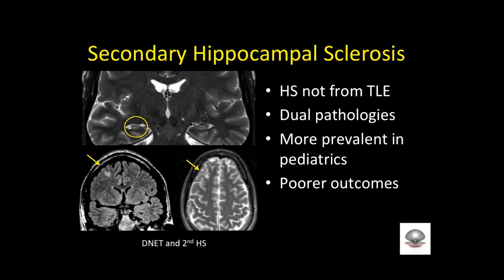But do another check in that same hemisphere for the primary lesion causing seizures, and then secondary hippocampal sclerosis. It's burning the hippocampus out with its constant seizures. Okay, so I've seen that a few times where there's a primary lesion elsewhere in the hemisphere, and then there's secondary hippocampal sclerosis. Because you would hate to have them resect the mesial temporal lobe and the hippocampus, and the patient still have seizures from their missed primary lesion.